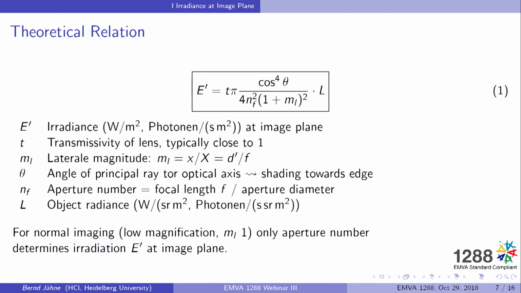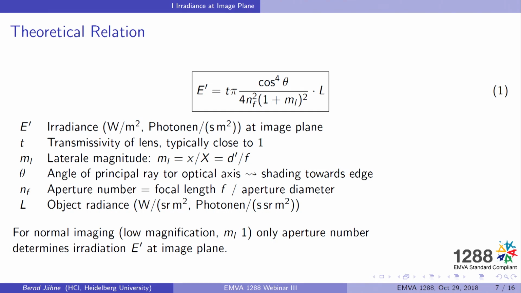So the irradiance, first of all, if you see in this formula on the left side, is of course directly proportional to the object radiance because we have a linear system. So the brighter the object is, the more radiance it has, the more irradiance we will see. But now the really interesting question is, what parameters of a lens are the most important?